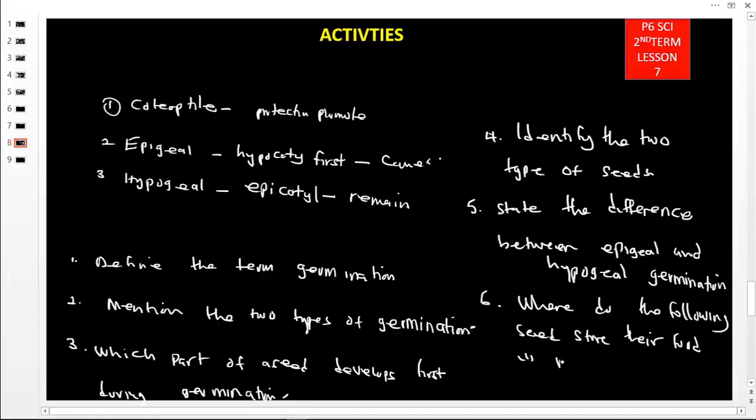Roman 1, maize. Roman 2, beans. Number 7, why is a maize grain called a fruit?